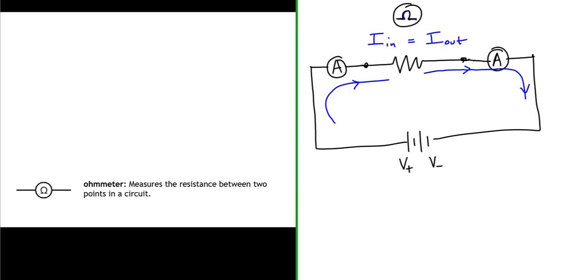So if we want to measure the resistance of that resistor, we would attach one lead of the ohmmeter on one side of the resistor, the other lead of the ohmmeter on the other side of the resistor. And in that way, we'd be able to measure the resistance of that resistor.